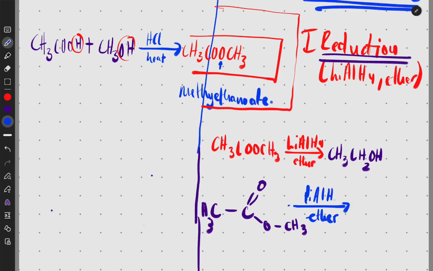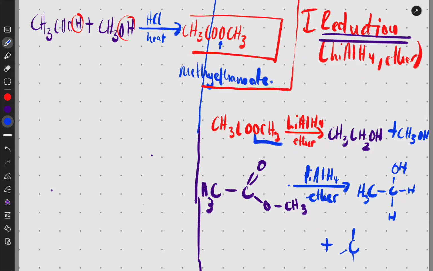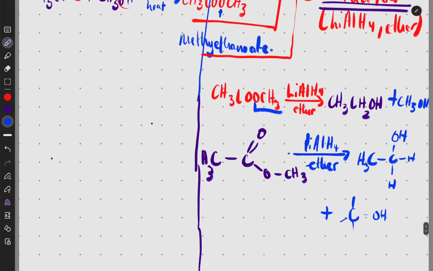We are going to get CH3, then CH2OH, with an H and an H. Then plus, remember to also say plus. Oh, I had forgotten. This is going to be a CH3OH. So we should put that other one plus, an OH and 3 hydrogens like that.